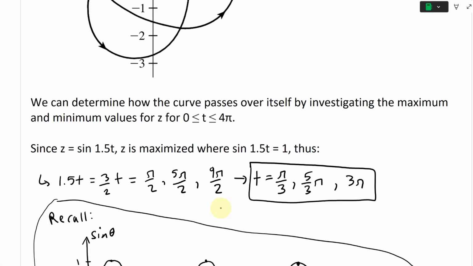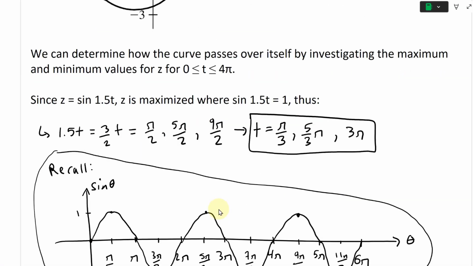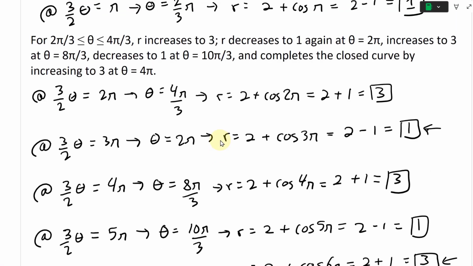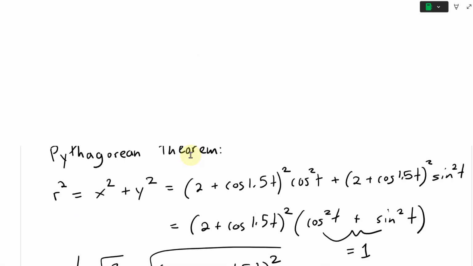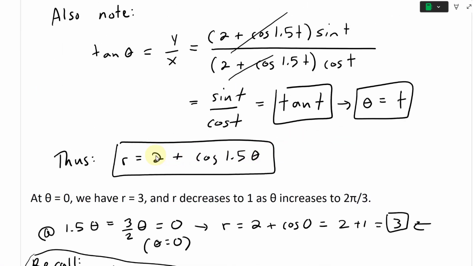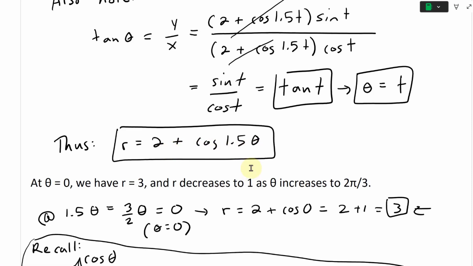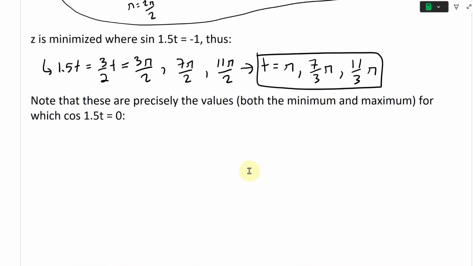So what that means is, if cosine is 0, and we know that r equals 2 plus cosine 1.5t, going back here, so r equals 2 plus cosine 1.5t. So then that's equal to 0, and thus r is equal to 2 plus cosine 1.5t, which equals 2 plus 0, which equals 2.